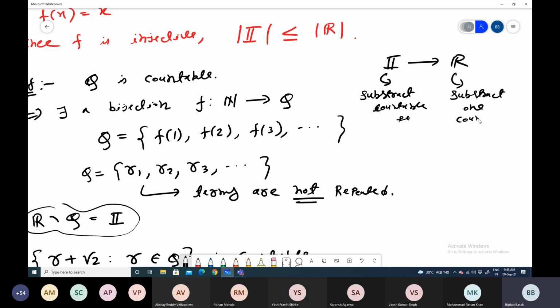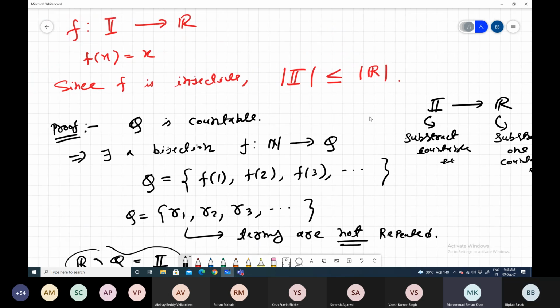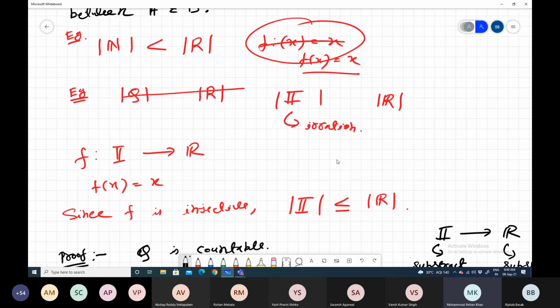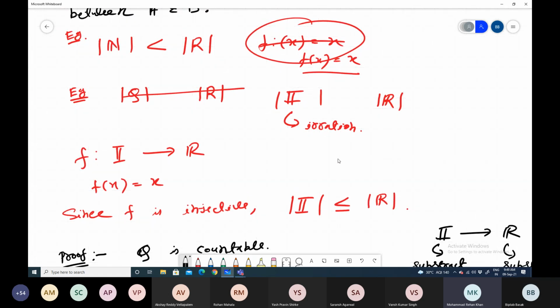Sir, why do we need to find this bijection from I to R? Because we want to prove that the cardinality of I and the cardinality of R are the same. But sir, in the definition it was... Okay, which definition? I was looking at definition 3.